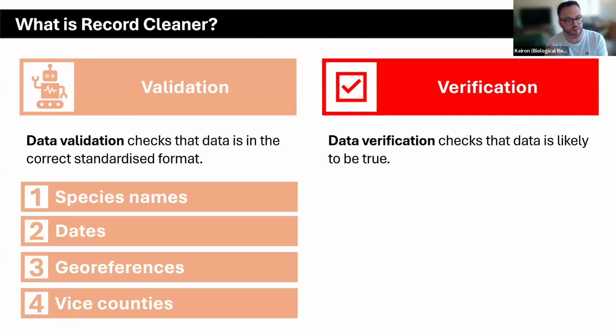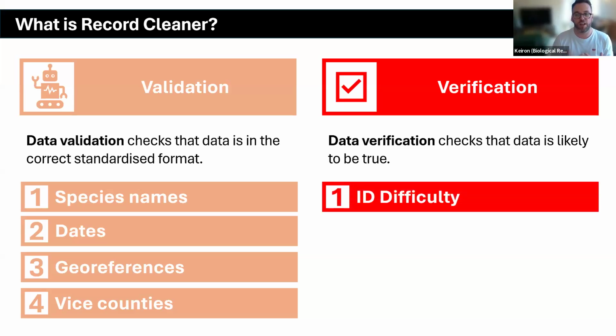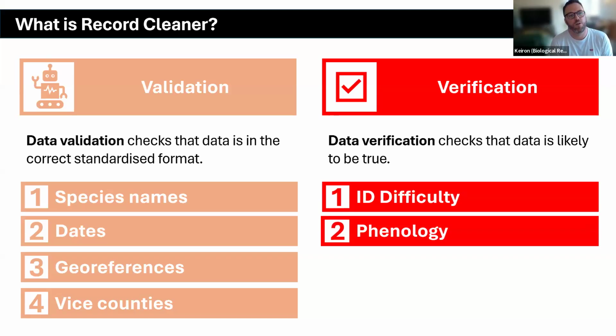So there are things that it will flag as potentially incorrect when they're not, and we'll cover some of those examples later. For verification, it has a set of rules which have been provided by the recording schemes that will help you check, for example, whether your identification might be correct. And it does that using a system of codes related to ID difficulty. It will check the phenology. So the phenology is when the organism was recorded.